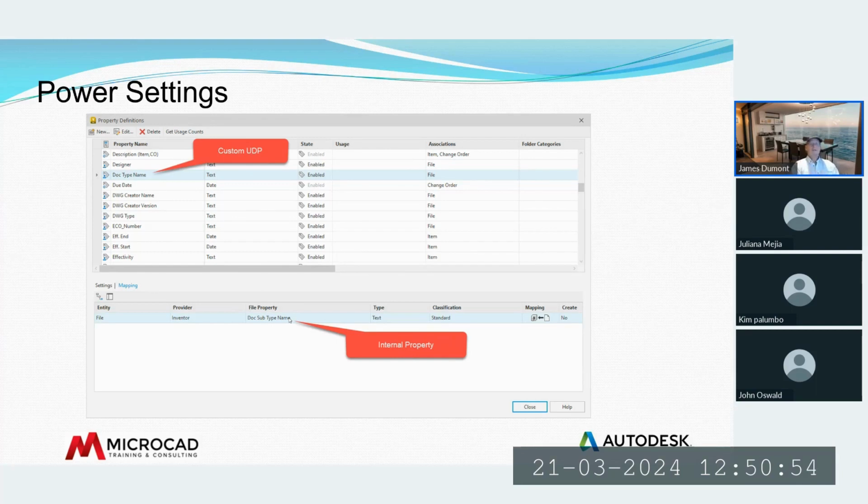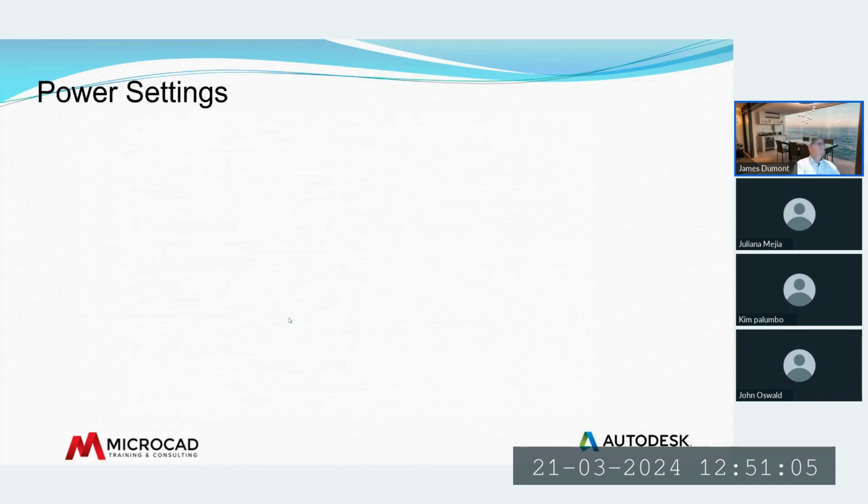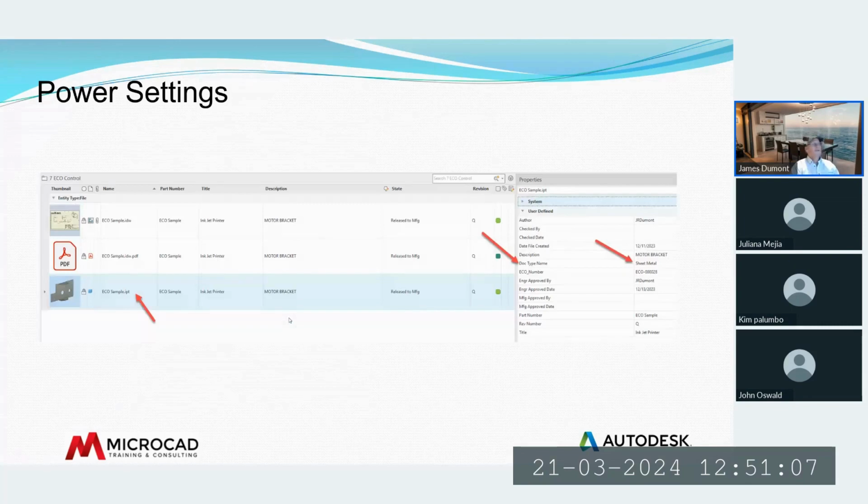So I know that's a Content Center part. I want to manage it one way. If it's not Content Center, it's going to be a regular file and it's managed another way. Same with this. If it's sheet metal, right over here, doc type name, sheet metal. Because I have that property, if I map it, I can use that.